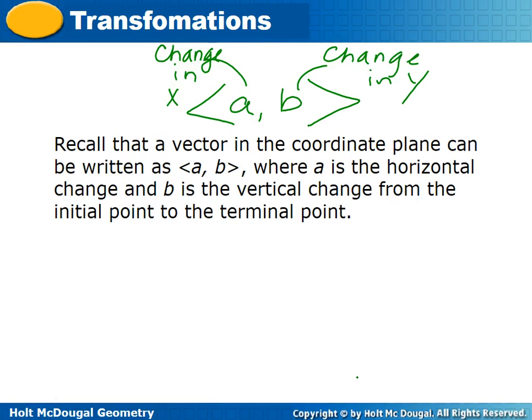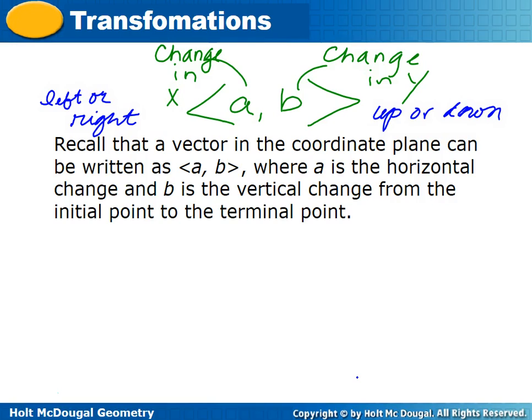Okay, so what does that mean? That means if I'm talking about a change in x, I'm talking about things moving left or right. And when I'm talking about a change in y, I'm talking about things moving up or down.